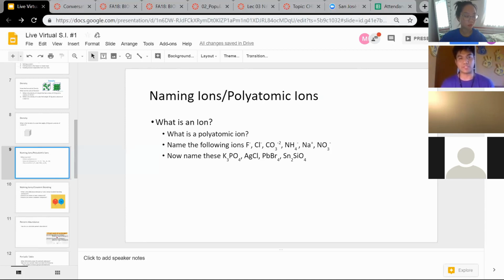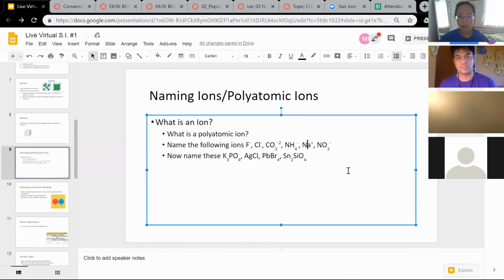So, naming ions and polyatomic ions. Name the following ions. What is F minus, Cl minus, CO3 minus 2, NH4? That should be a plus, actually. NH4 plus. Sorry. Claire, can you help me out? I can't type on the PowerPoint. It's supposed to be NH4 plus.